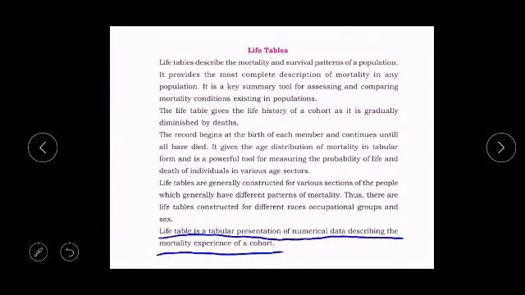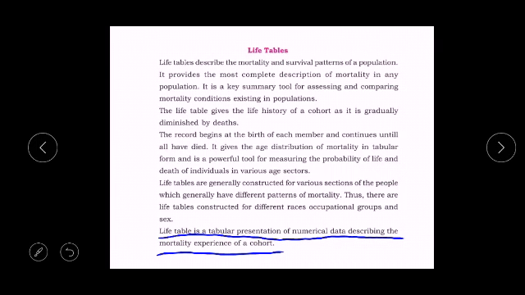Mortality, that we already discussed, is the number of deaths occurring in a particular location. So this table indicates how deaths are occurring, with certain proofs or data. It provides information regarding the death pattern of a particular cohort. So what is a cohort here?